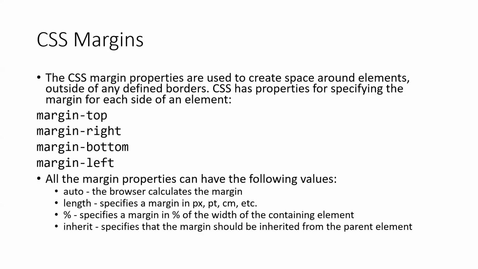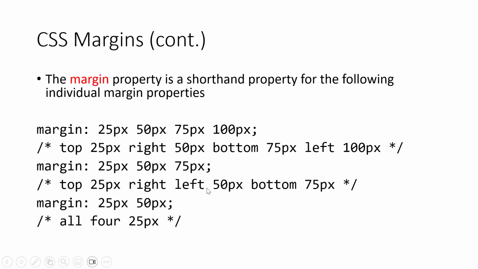It could be inherited from one of the parent elements as well. Right. So if you take the shorthand property for margin, you can notice the command. It says margin 25 pixels, 50, 75, and 100. You're specifying top, right, bottom, and left, right?